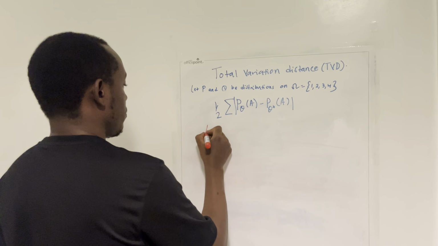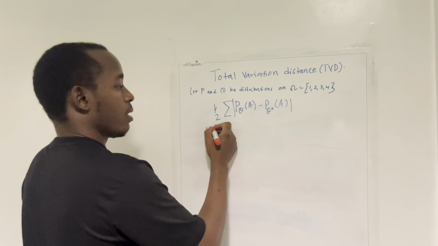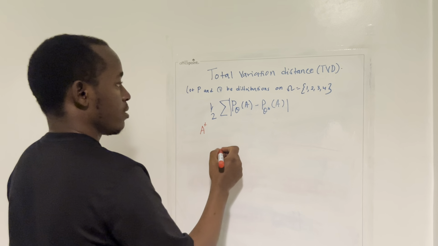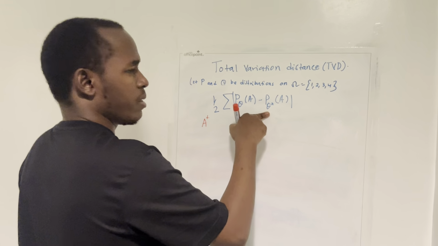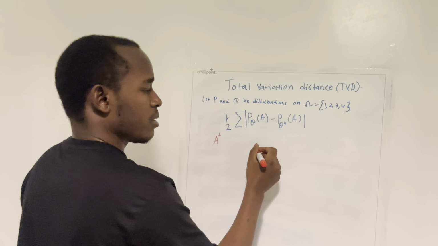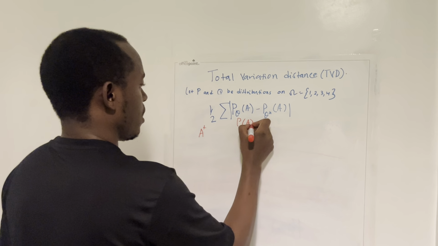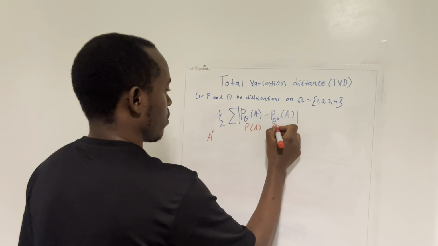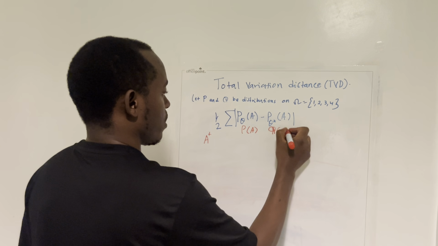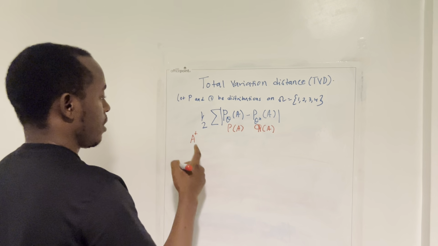We're going to have an event which we're going to call A plus. So instead of using P theta and then P theta star, I'm just going to call this P of A, probability of A, and I'm going to use Q of A to denote the different distributions.